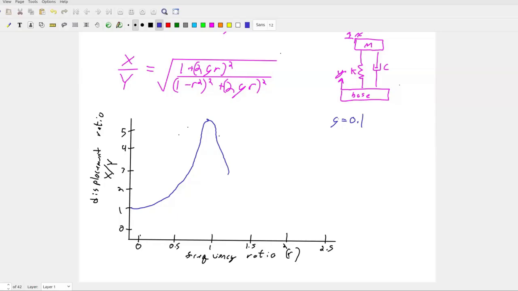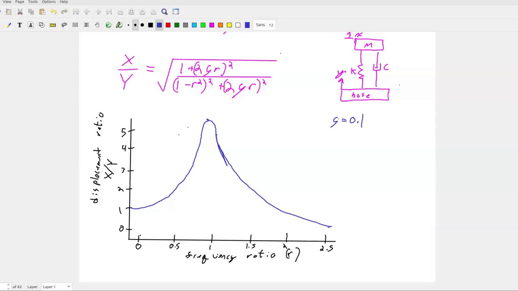And then I come down like that, right? And then I come a bit lower, almost down to 0, when I have a low amount of damping.